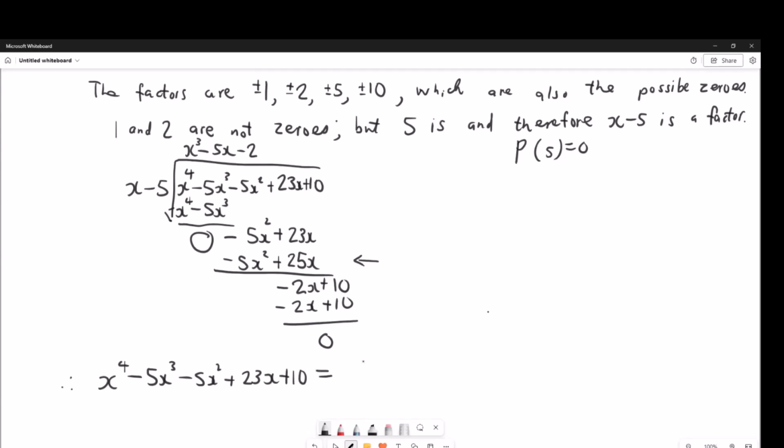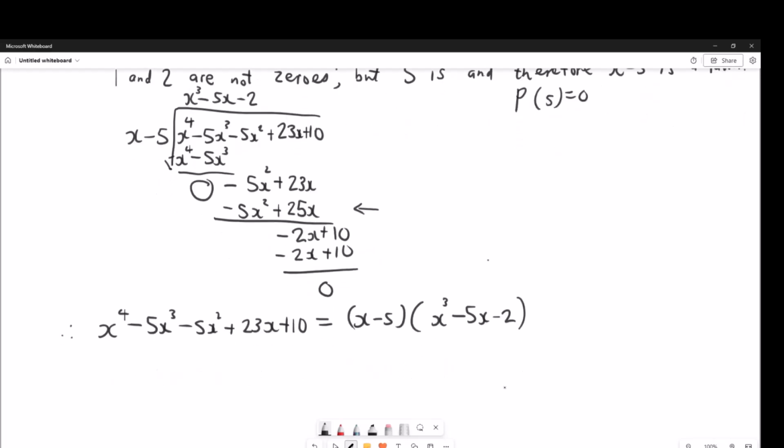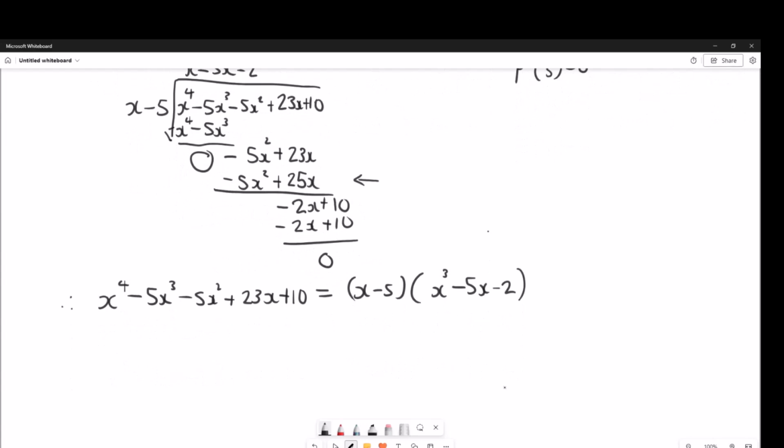That may be written as a linear factor x minus 5 multiplied by a cubic factor, x cubed minus 5x minus 2, right? So that's where we are currently. And now we investigate this polynomial alone.